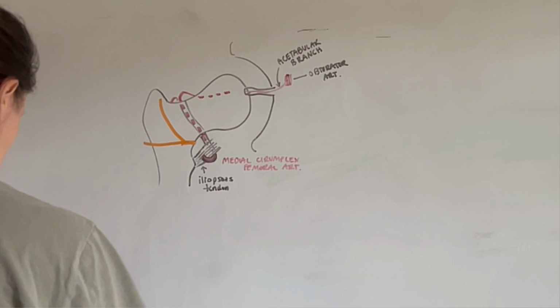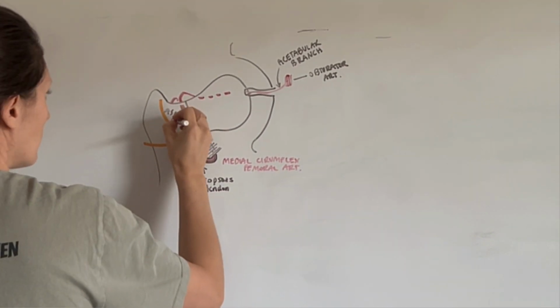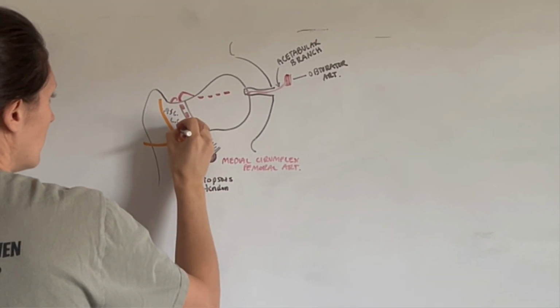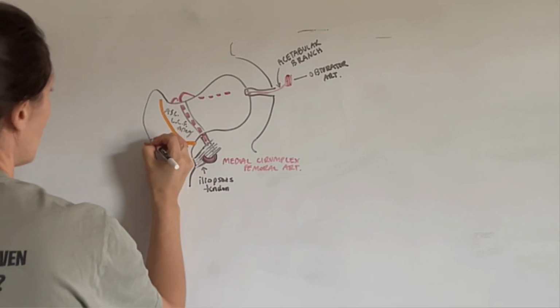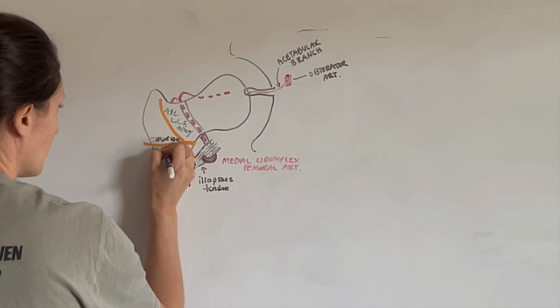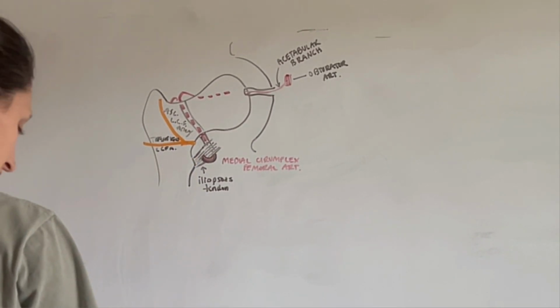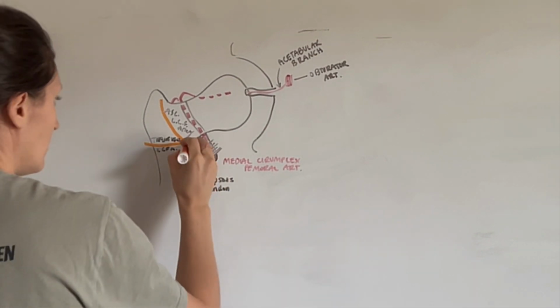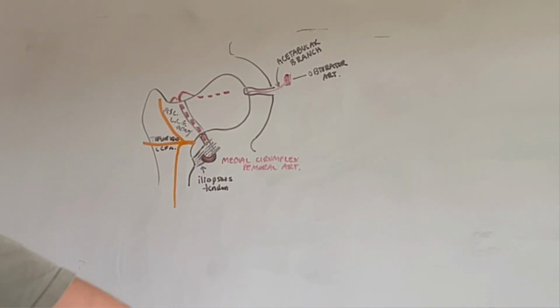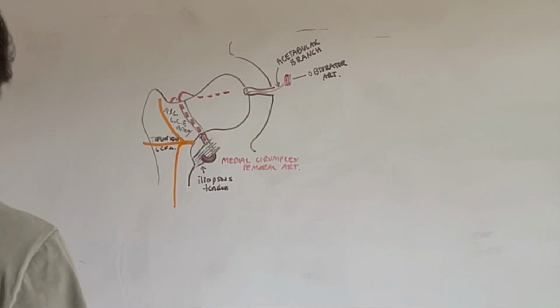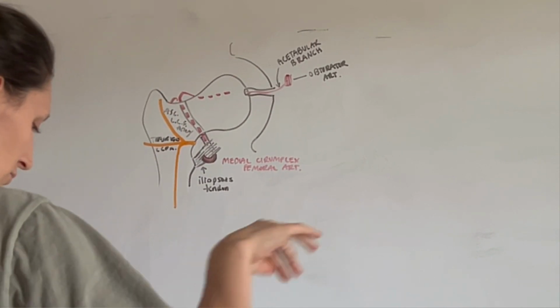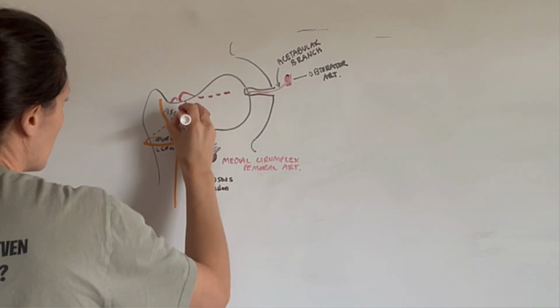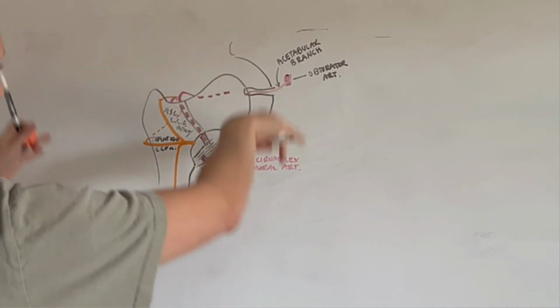So we have this ascending branch of our lateral circumflex femoral artery, which I said LCF, and we have a transverse branch of our lateral circumflex femoral artery. We also have a descending branch, but I'm going to show you why it's not involved in this, because it literally goes down along the femur. We don't care. These guys, however, are going to wrap around the femur head and connect themselves to these arteries.